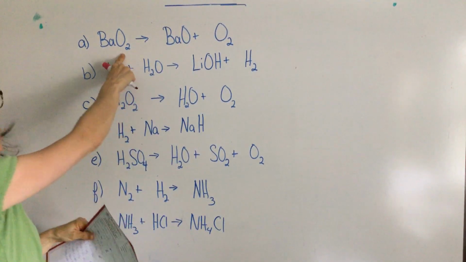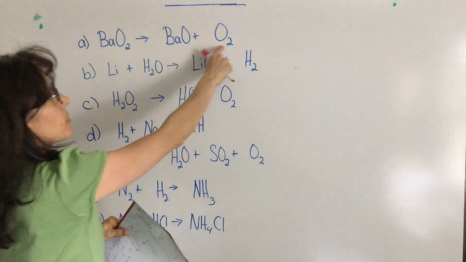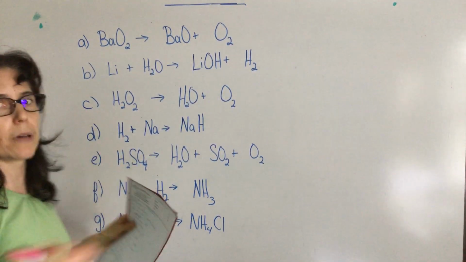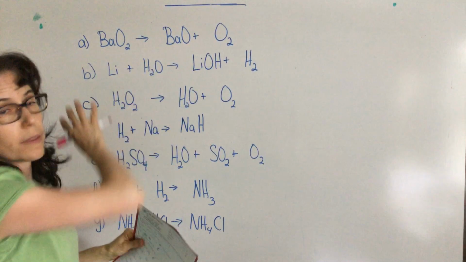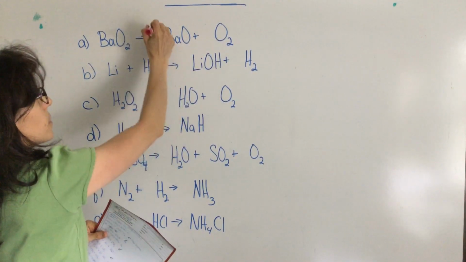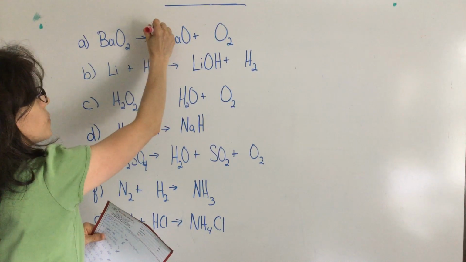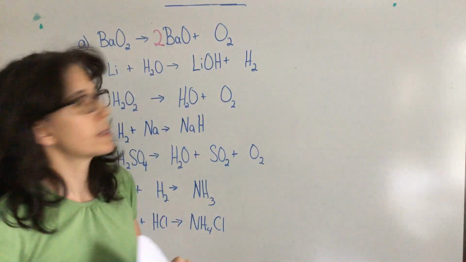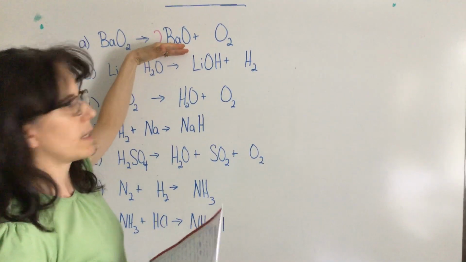Take a look at, there's 2 oxygen on this side, but there's 3 oxygen on this side. So we do have to do something with this formula, and we have 3, so I'm going to put a 2 in front of this barium oxide because that'll make it an even number.